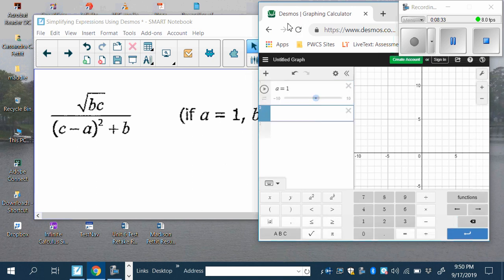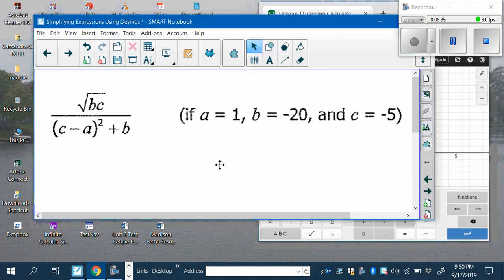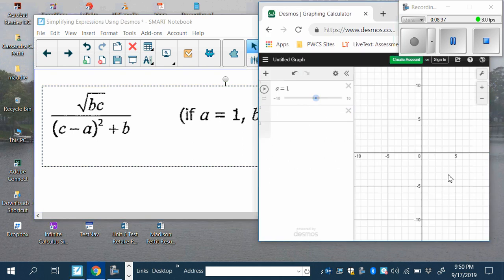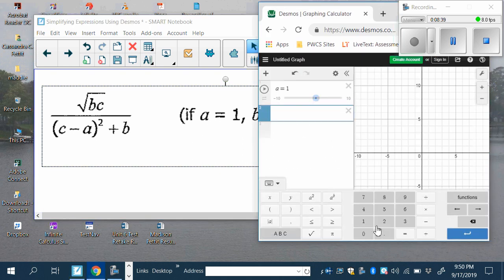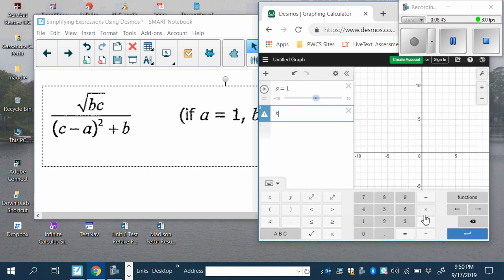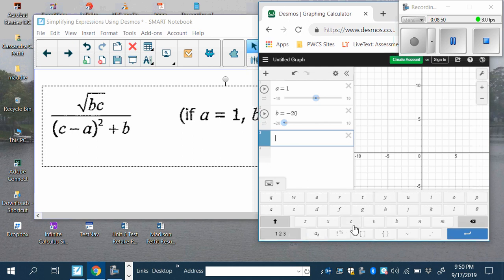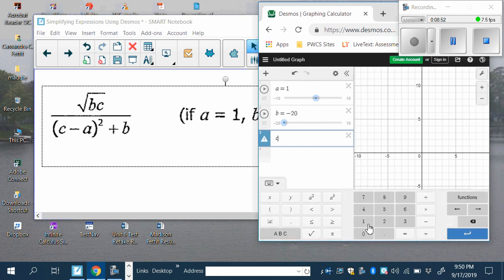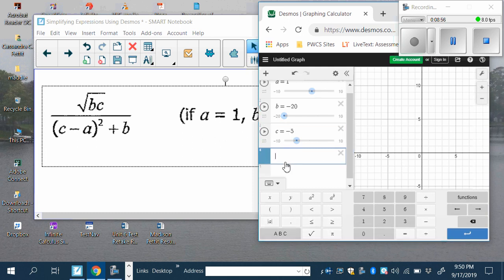B is equal to -20, and C is equal to -5. Okay, so now I've defined what these variables are, and now I just have to enter in this expression.